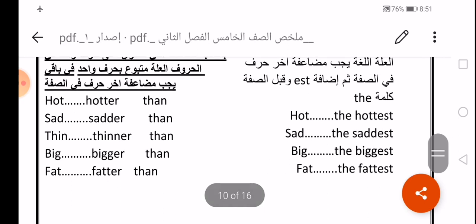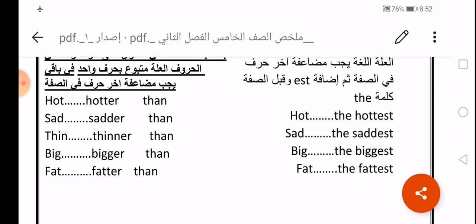So look at the other side here. We have hottest, saddest, biggest, fattest. These we use if there are more than two. If there are three students, for example: Ali is thin. Muhammad is thinner than Ali.